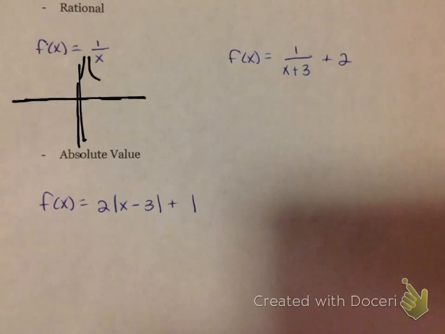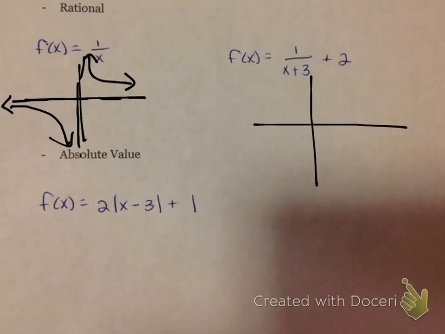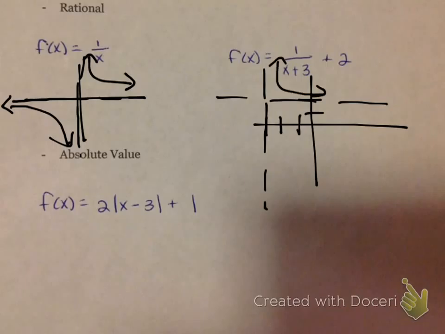And my branches are going to be top right and bottom left. If it looked a little more complicated, now x equals negative 3 would be my vertical asymptote, x plus 3, and plus 2 would be my horizontal. And again, the branches would still be top right and bottom left because it's positive. In order to switch, I would need a negative sign.